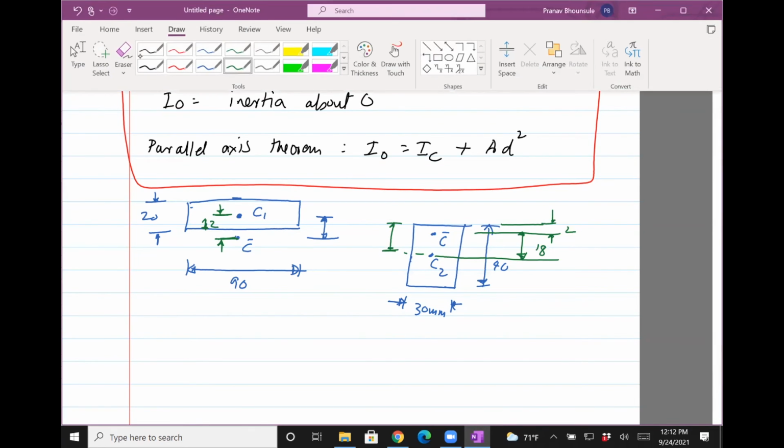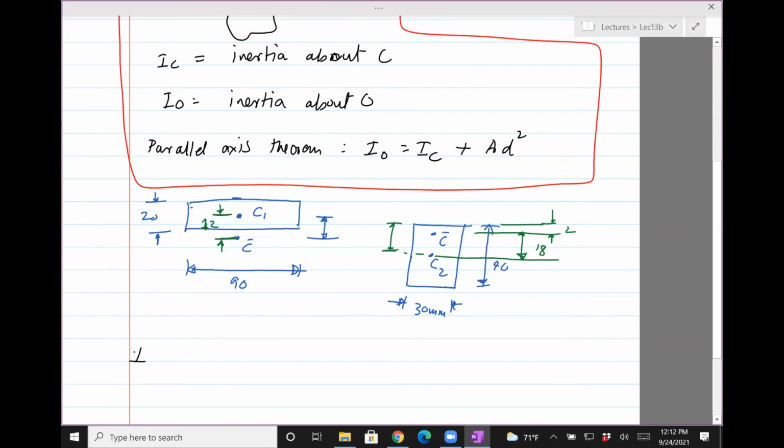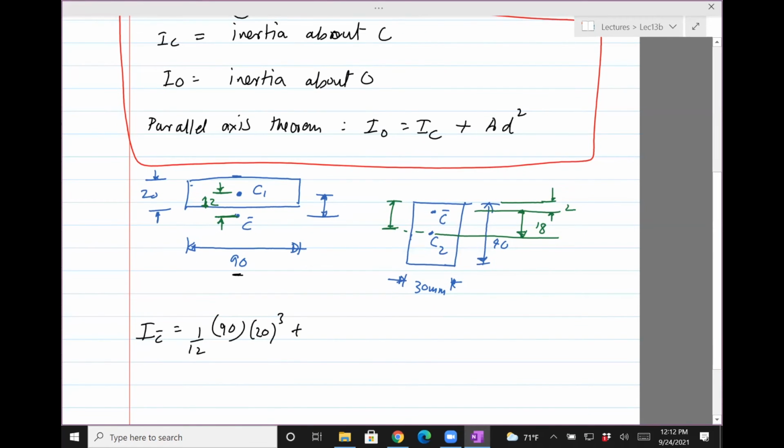The inertia about C bar is, so the formula is 1/12 base times the height cube. So 1/12, the base is 90 mm, which is this, and then the height is 20, the cube of that, plus, by the parallel axis theorem, the area of the horizontal part.